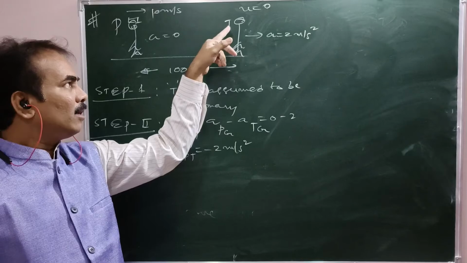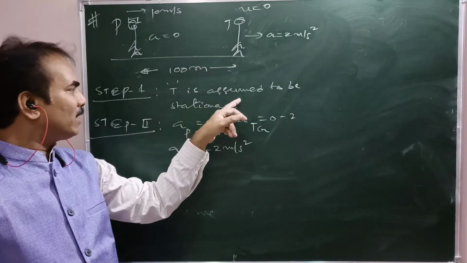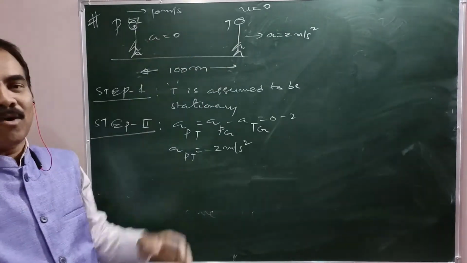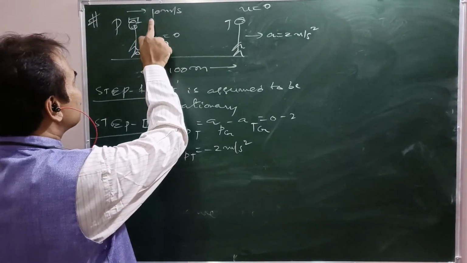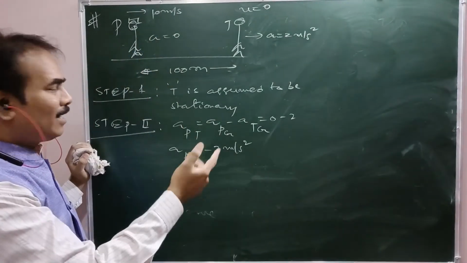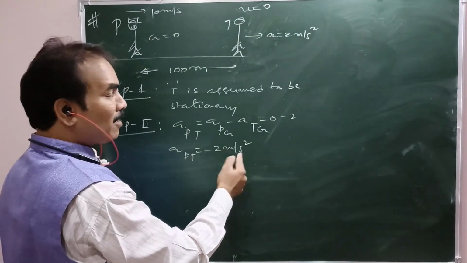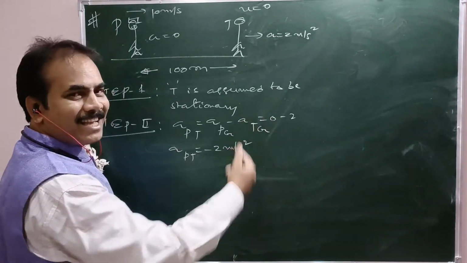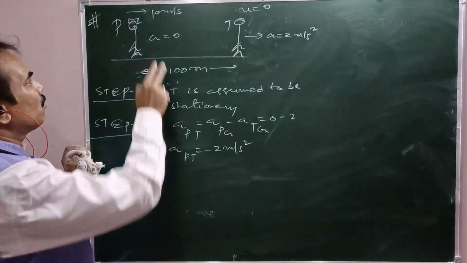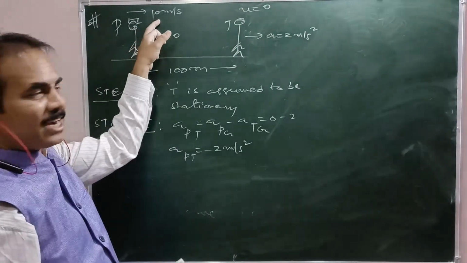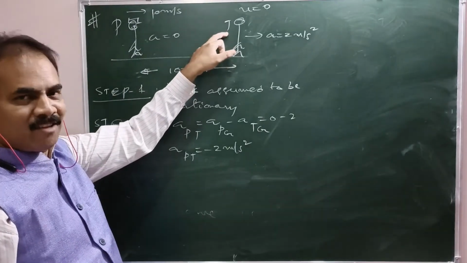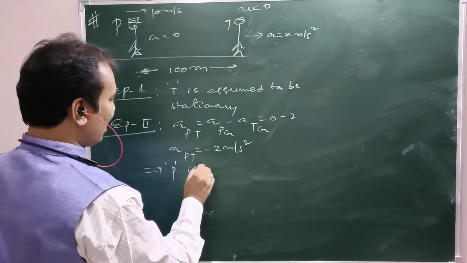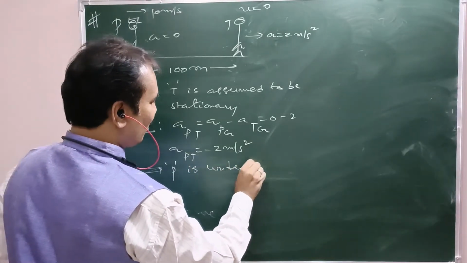But with respect to the stationary thief, he is under retardation. He is under retardation means his speed is decreasing at a constant rate of 2 meters per second every second, that is 2 meters per second square. So 10 meters per second is not at all constant with respect to the stationary thief. So policeman is under retardation.